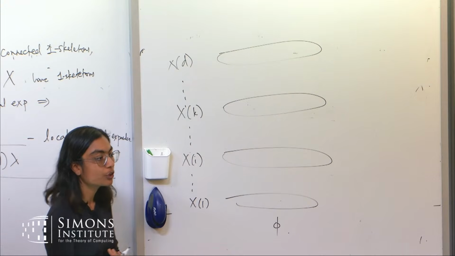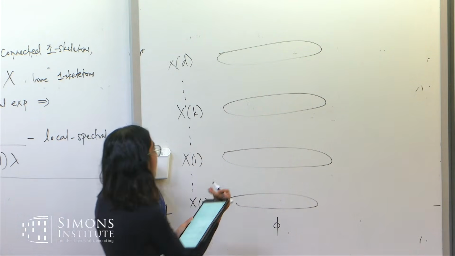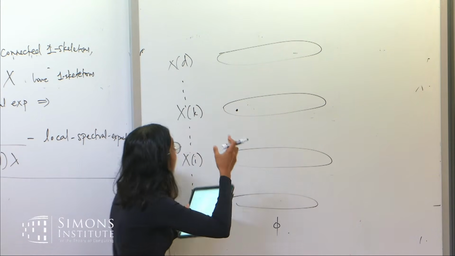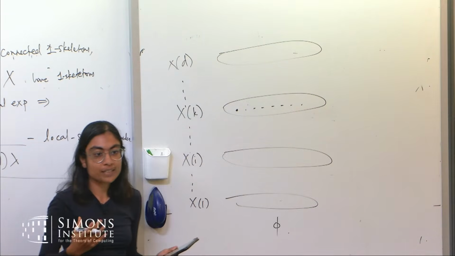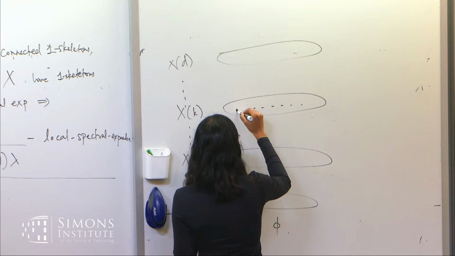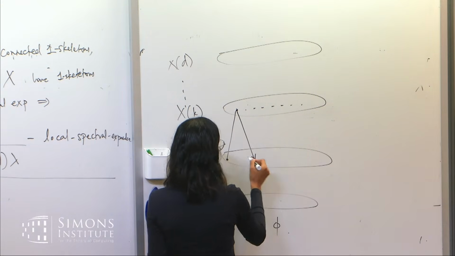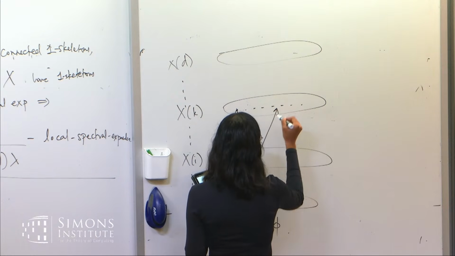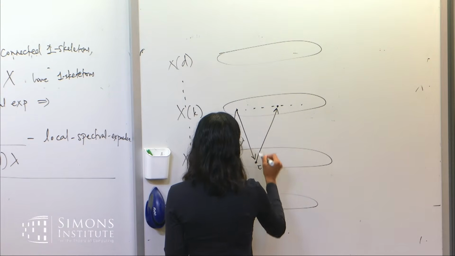We might want to look at random walks between these levels. So let's say we want to look at a graph whose vertices are the k faces of this complex, move to a random i face below it, and go up to a random k face containing this i face.